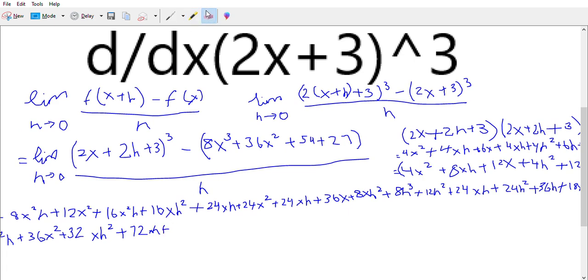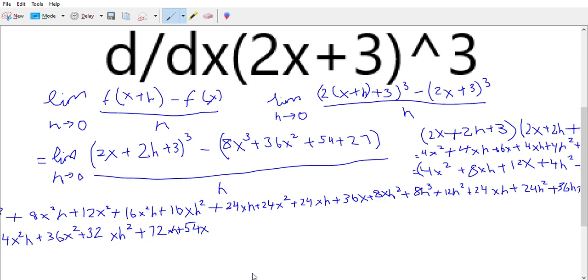Oh my god. I thought the plus would be better than what happened. So that's 54x. I'm sorry. Just bear in mind, my writing is no good. So that's 54x. x squared has been done.